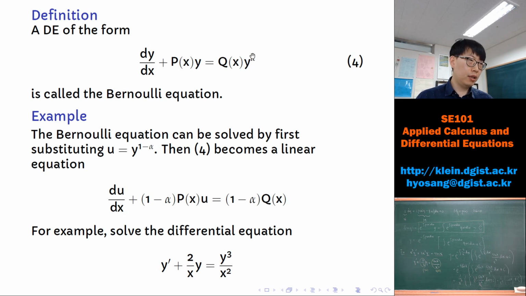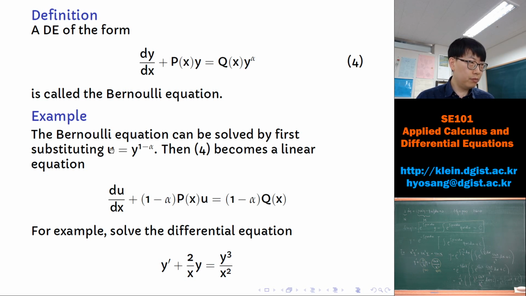So in this case, if alpha is not an integer, or specifically not 1, then you have a degree of y not equal to an integer. So this is not a linear differential equation. So in this case, you have to substitute y to the 1 minus alpha with a different intermediate variable, say u, and then make the differential equation into a first order linear differential equation.